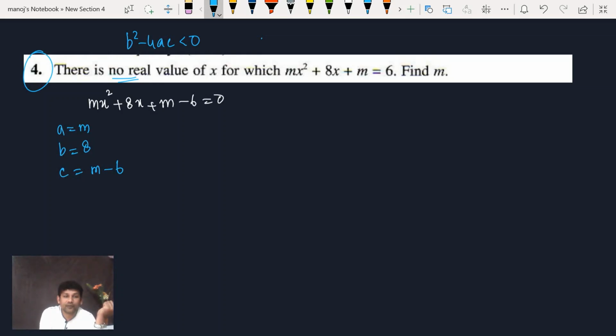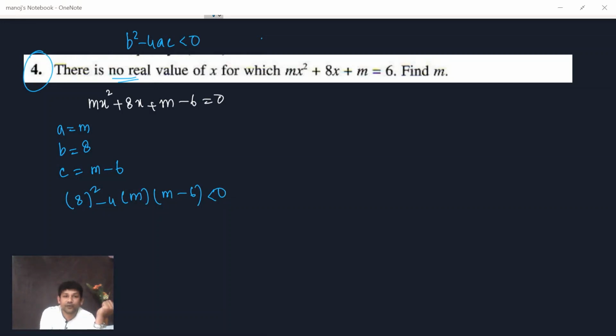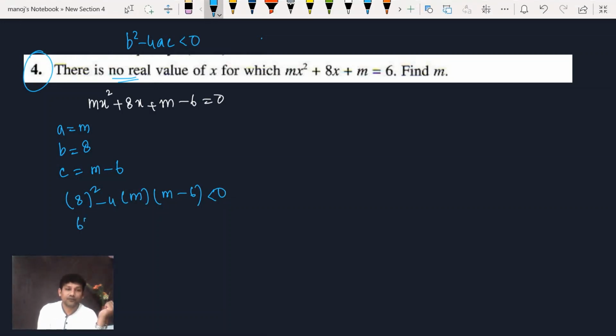b squared, which is 8 squared, minus 4 times m into c, which is m minus 6, less than 0. Okay, now 8 squared is 64 minus 4m times m is minus 4m squared, and minus times minus is plus 24m, less than 0.